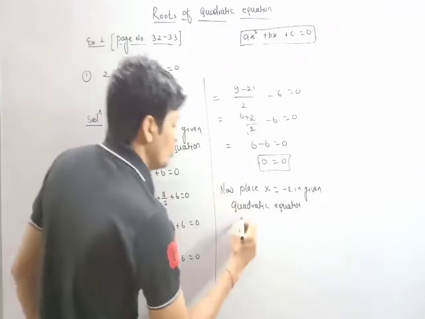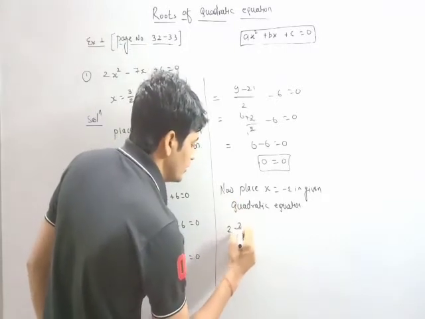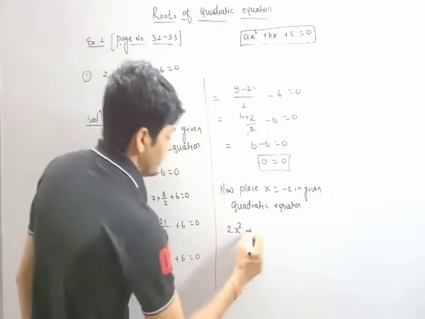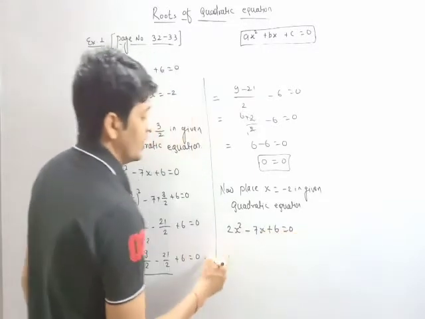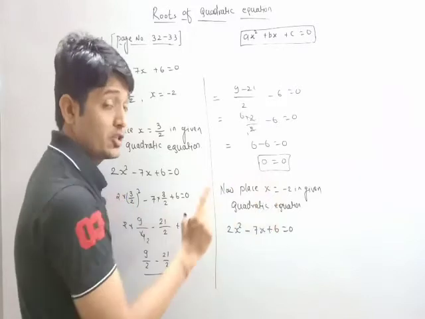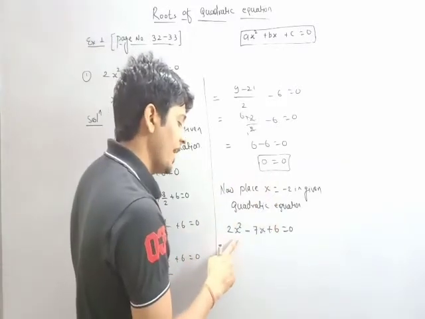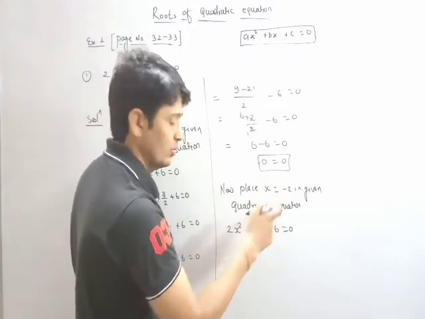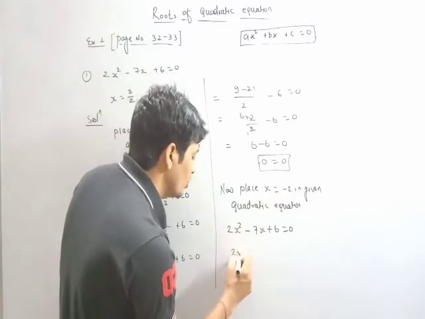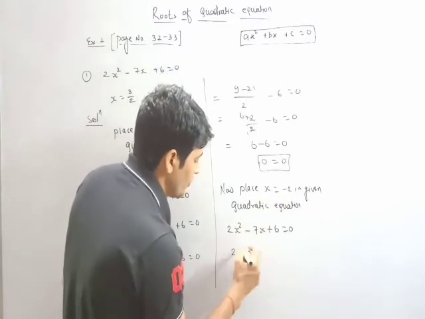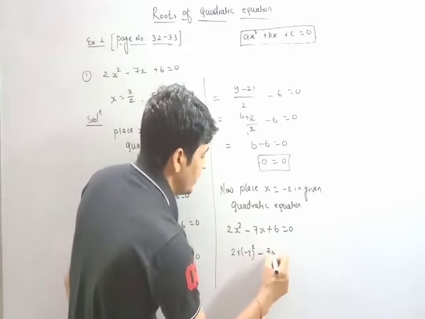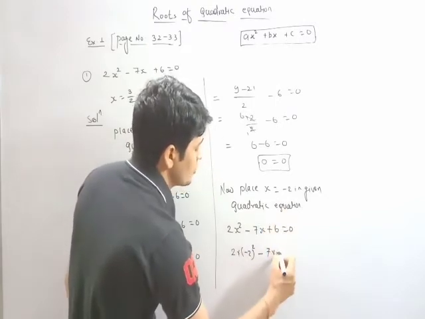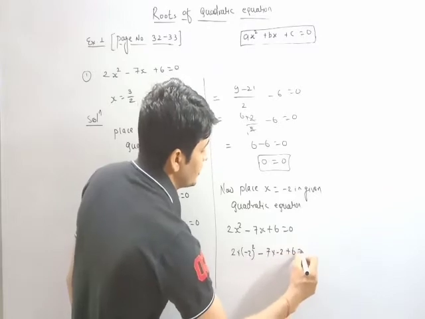It is 2x square minus 7x plus 6 equals to 0. Since we have x equals to minus 2, wherever we see x, just place minus 2 over there. So 2 into minus 2, we have x square, that means minus 2 will be in square form, minus 7 into what is x, it is minus 2, so minus 2, plus 6 equals to 0.